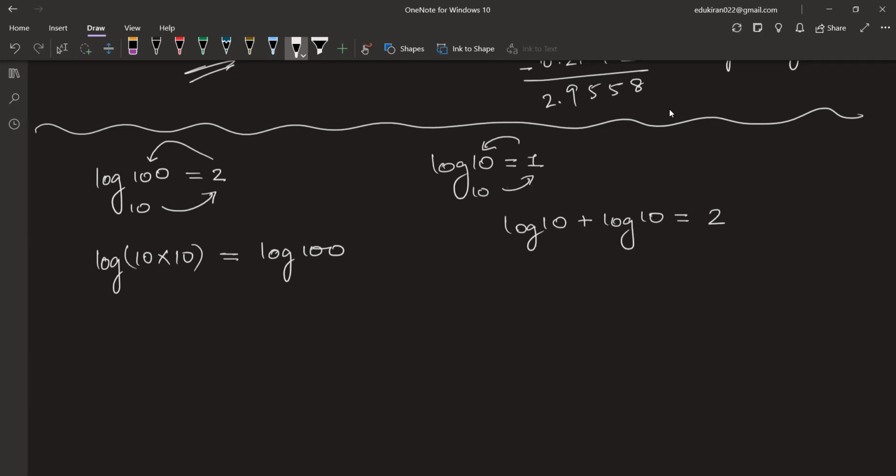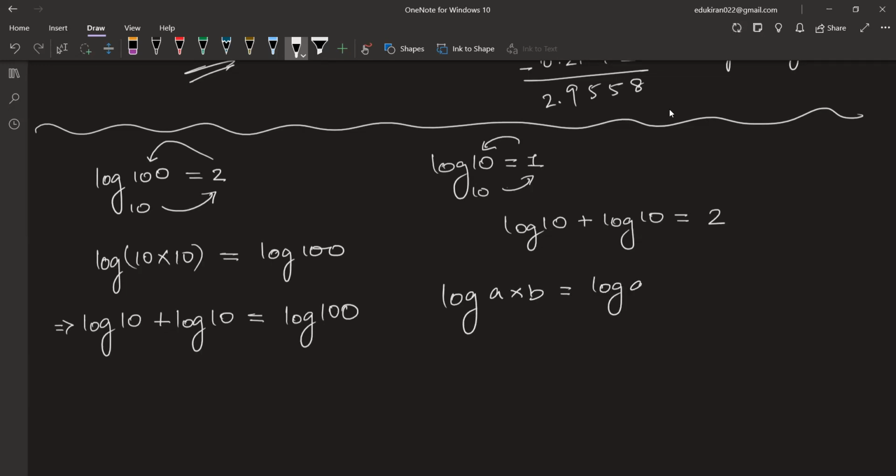That means this will be equal to log of 10 plus log of 10. This will be equal to log of 100. And that is why log of A into B is equal to log of A plus log of B. Is it clear? Yes, sir.